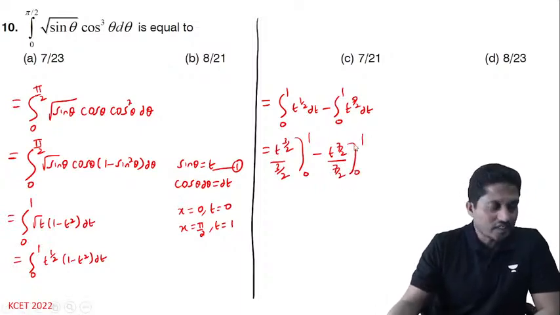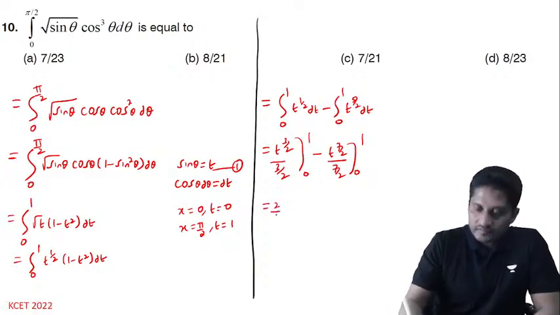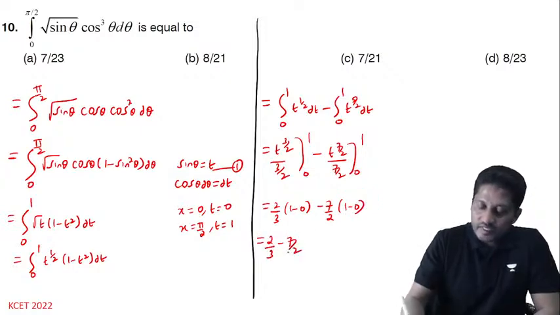You understand, guys? So this becomes 2 by 3 upper minus lower, minus 2 by 7 upper minus lower. You get 2 by 3 minus 2 by 7. LCM is 21.